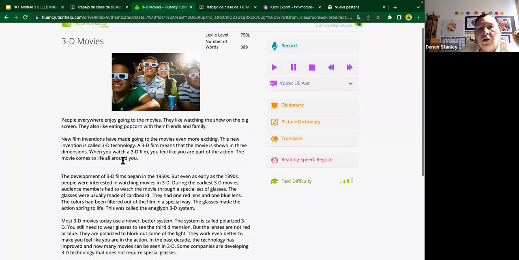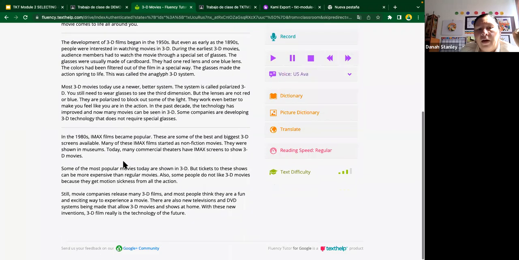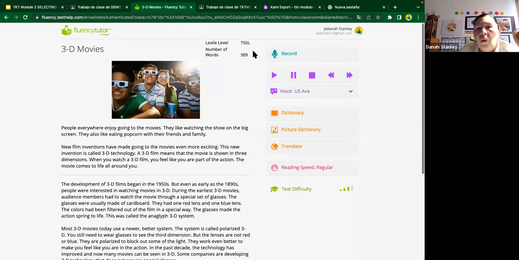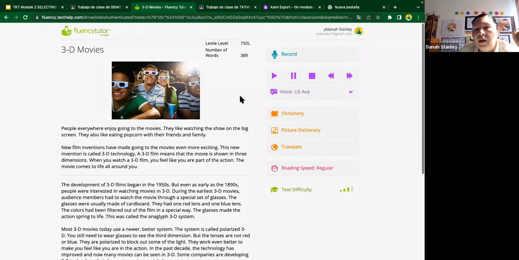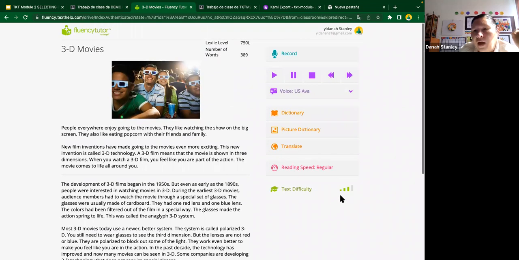In this case, you choose the reading. It tells you the Lexile level, the number of words that is according to the level. I have the level of difficulty. You have a dictionary. I don't want them to translate. And I have a picture dictionary and a dictionary, okay?